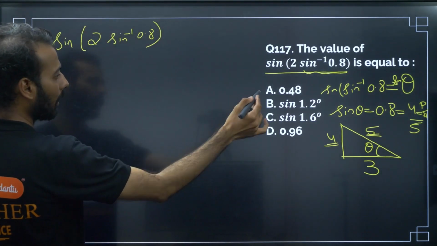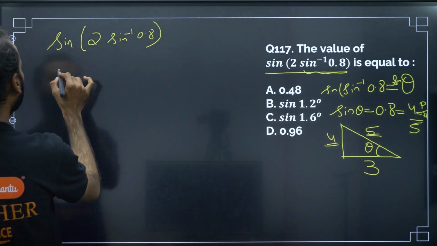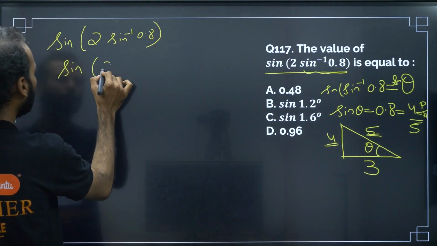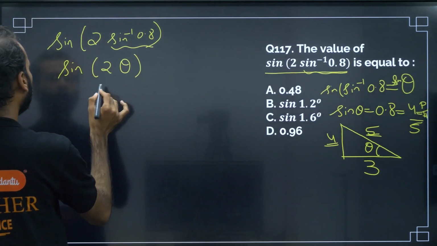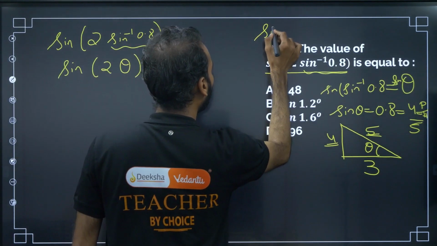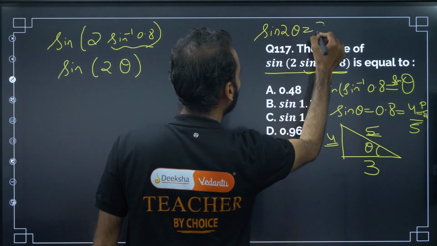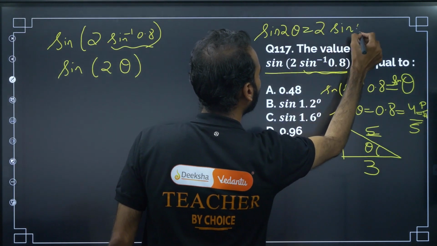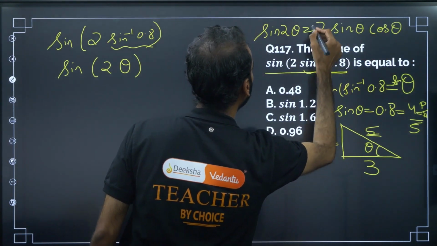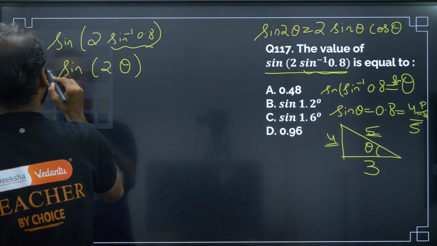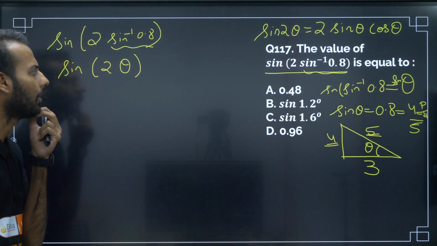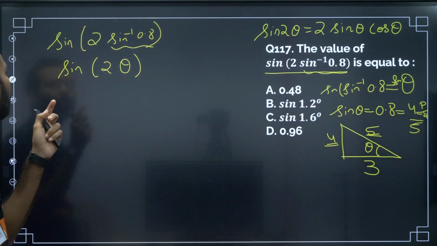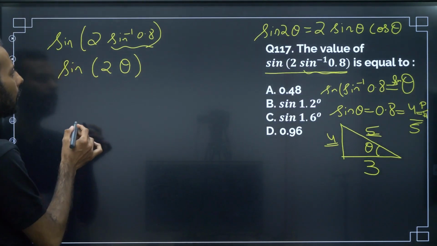Since I am writing sine inverse 0.8 as theta, this has become sine 2 theta. The standard formula for sine 2 theta is 2 sine theta cos theta. So sine 2 theta is equal to 2 sine theta cos theta.